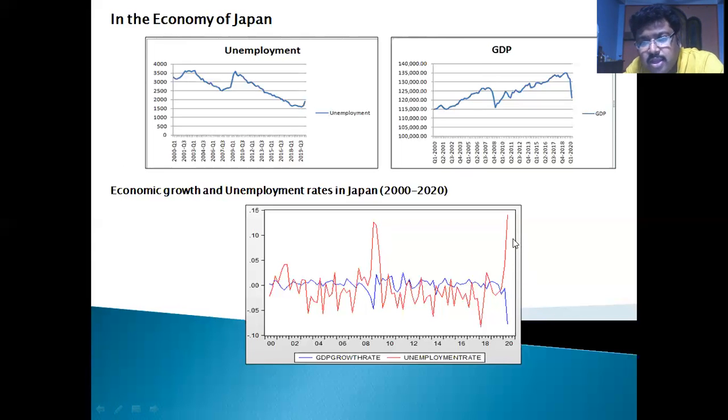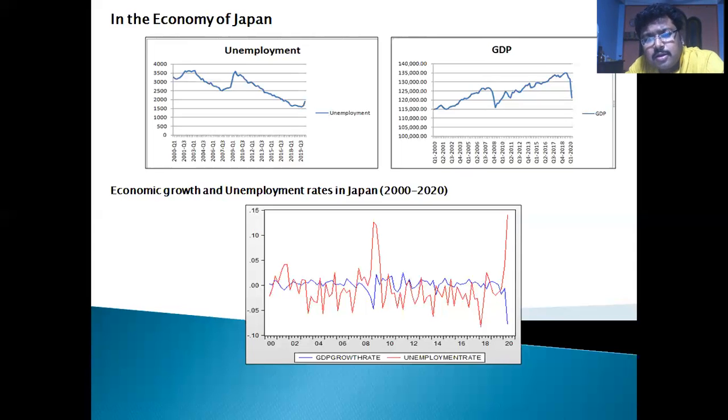The same thing you can find near about 2020: a decrease in GDP and an increase in unemployment rate. So definitely Okun's law exists in Japan. We can apply Okun's law in Japan even today.